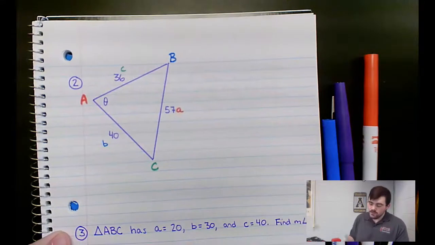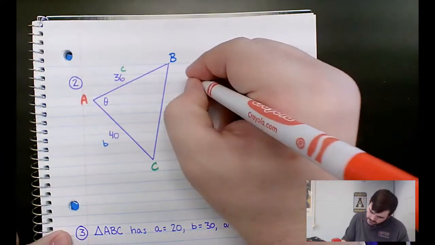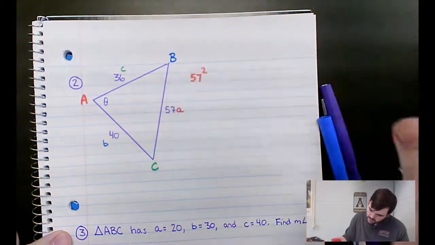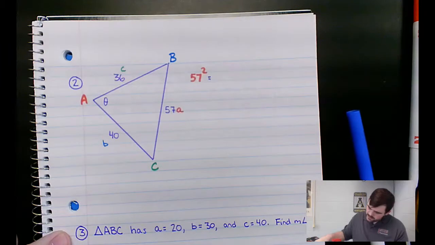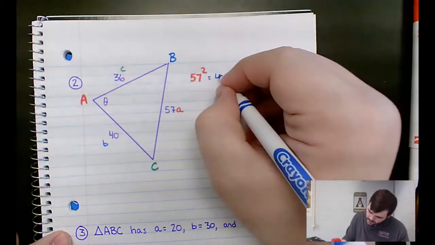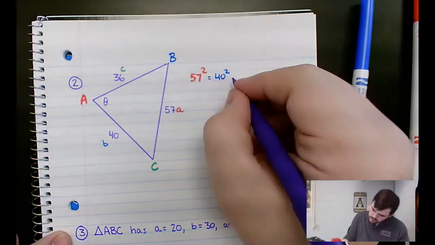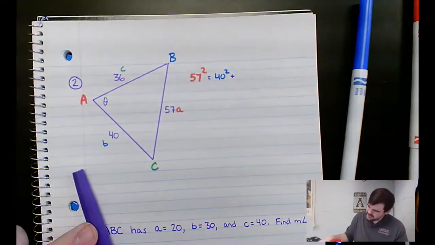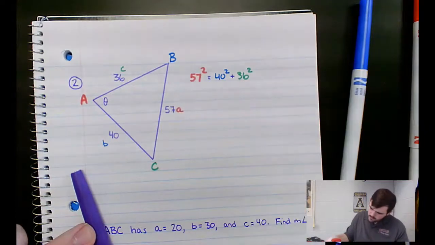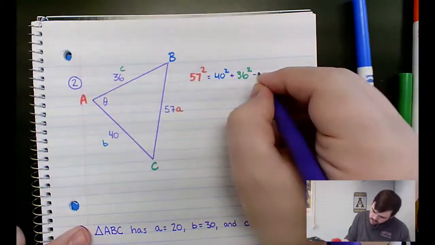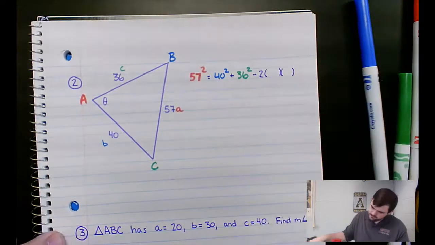Okay, so a squared, little a squared, 57 squared equals little b squared, so 40 squared, plus little c squared, so 36 squared, minus 2 times little b times little c.